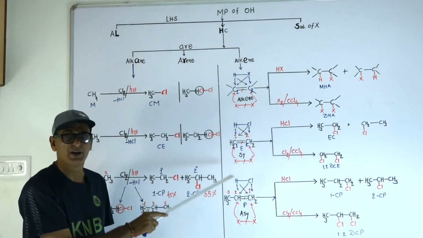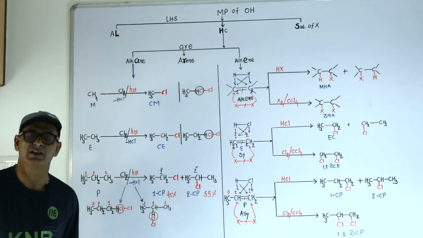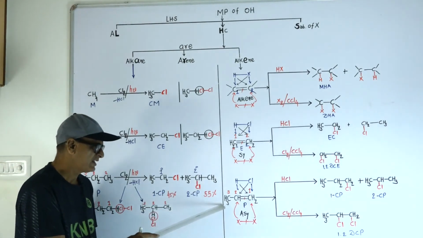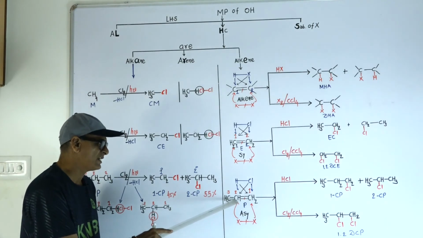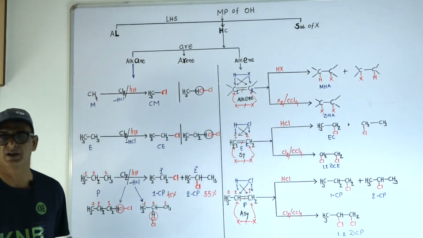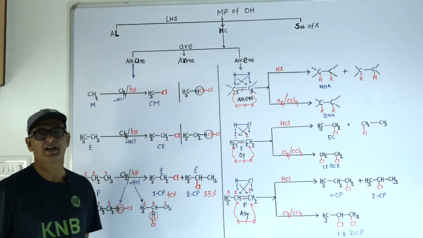Now, we'll take some illustrations. This is CH2=CH2, ethene. It is a symmetrical alkene. CH3-CH=CH2 is prop-1-ene, otherwise propene. This is an asymmetric alkene.